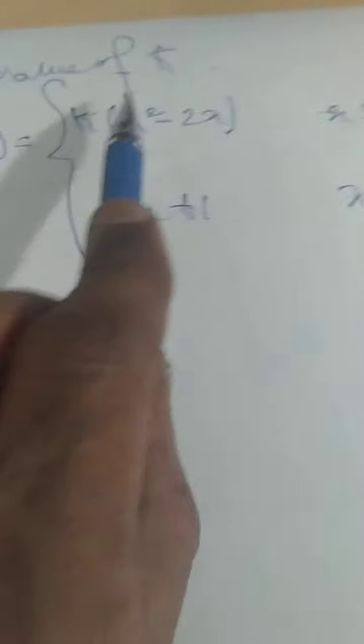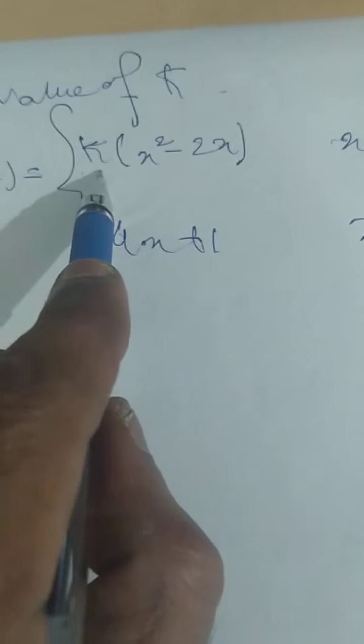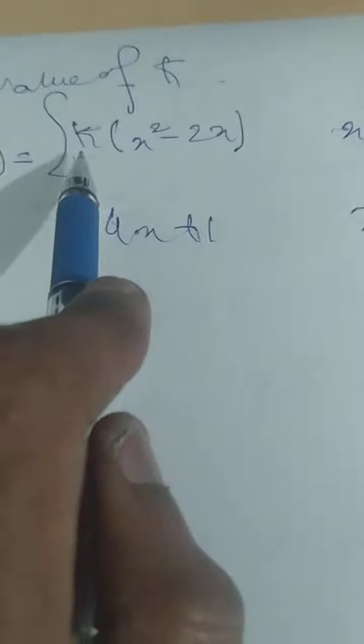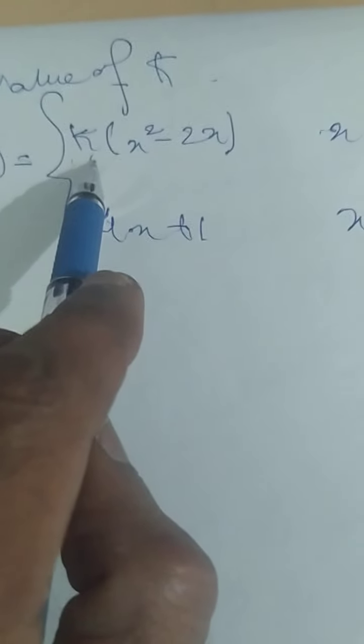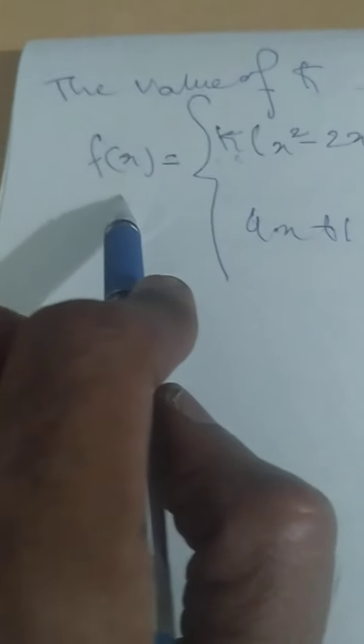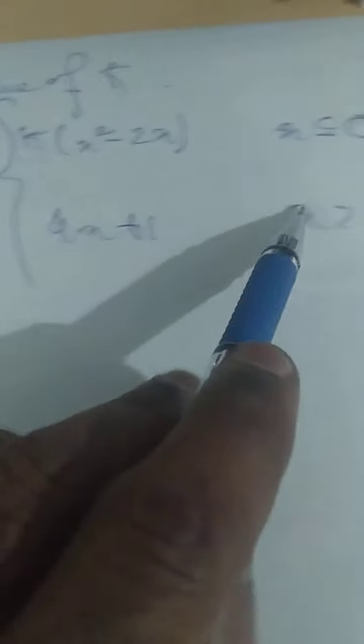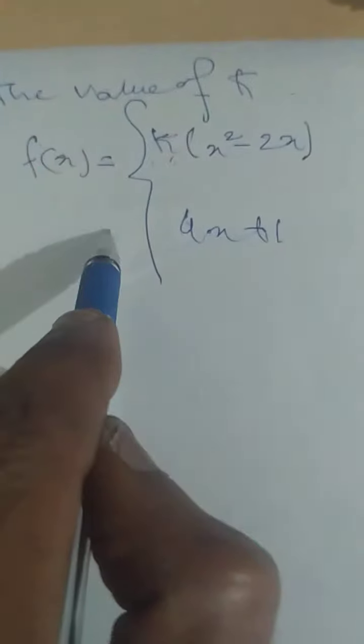Now in this type of problem, you are going to find one unknown, and it is given that this function is already continuous.